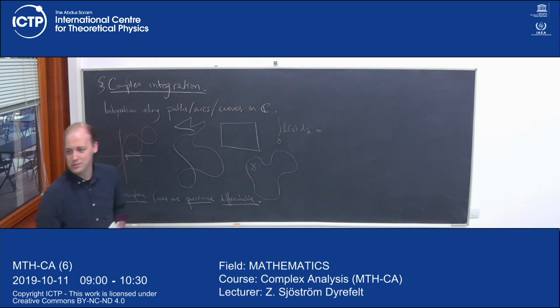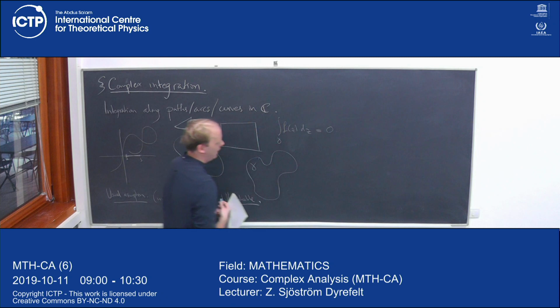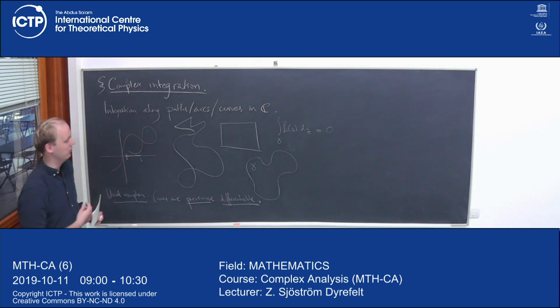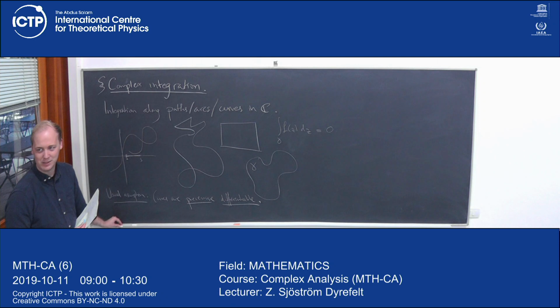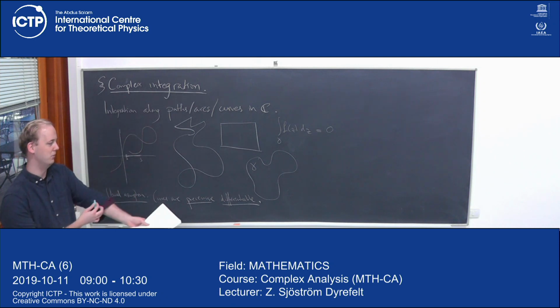You know what it equals to? 0. So it equals 0. And this, I think the first time you see this, you're kind of surprised until you think about it, no? Because it looks kind of like a miracle. But whatever kind of path you take, then it's 0.